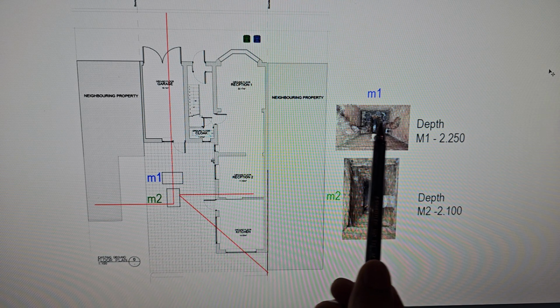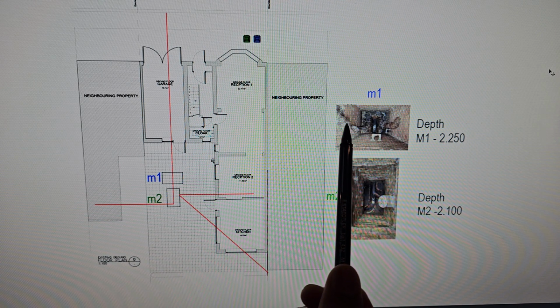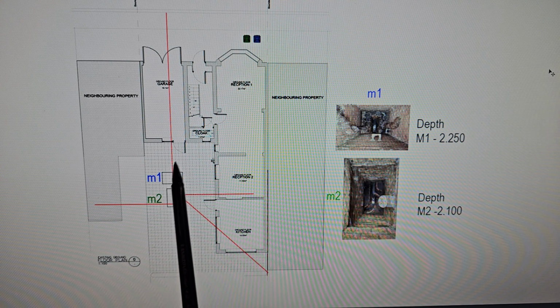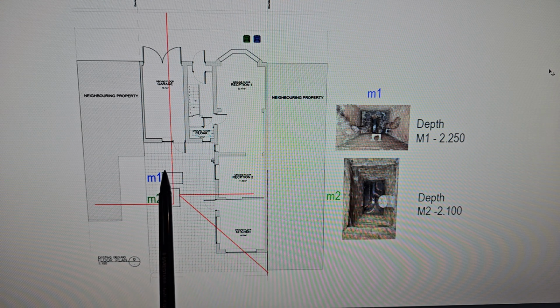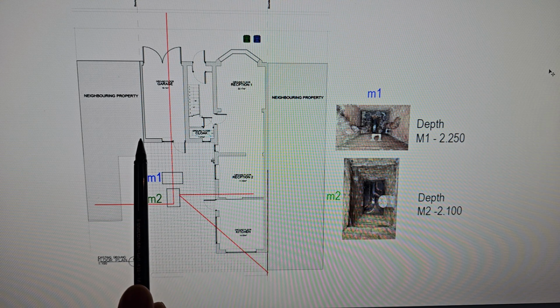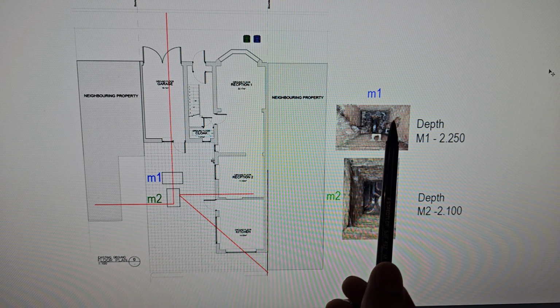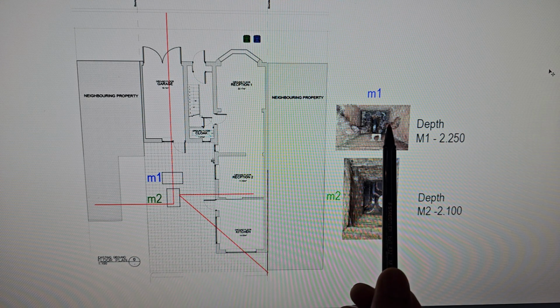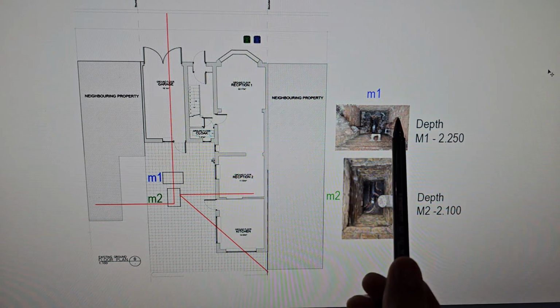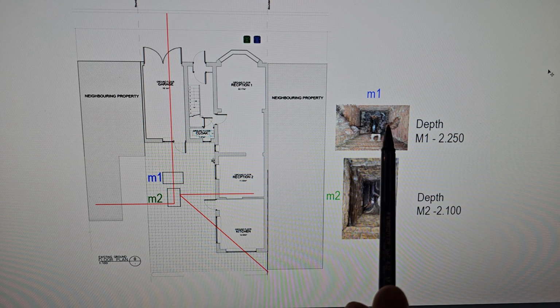These two cast iron pipes serve the private drainage system to the house at the moment. This one on the left serves the first floor bathroom. This one on the right serves the ground floor bathroom. So don't worry too much about those two cast iron pipes. They're not really of any concern.